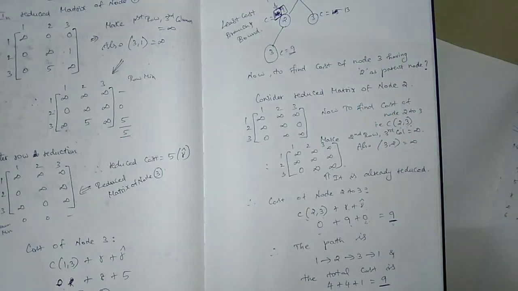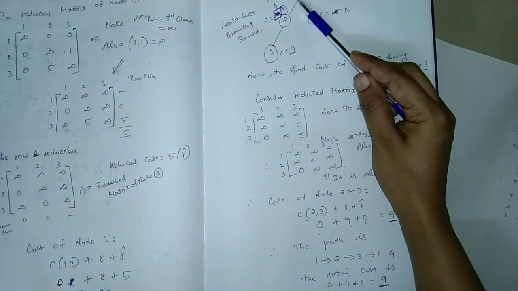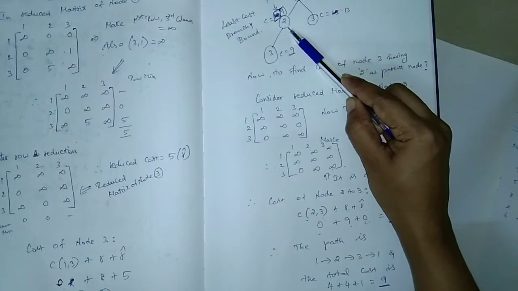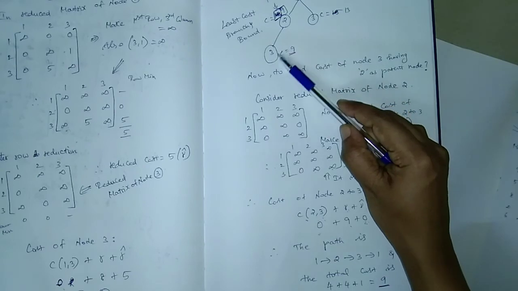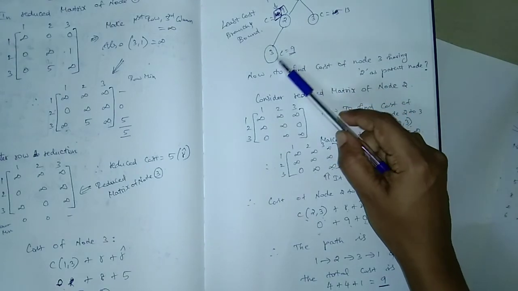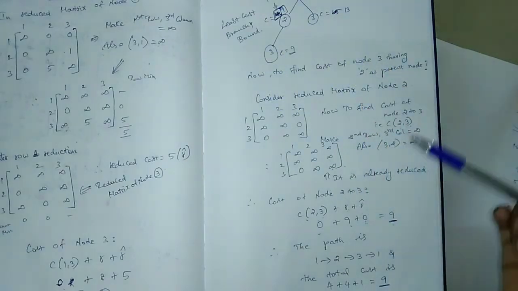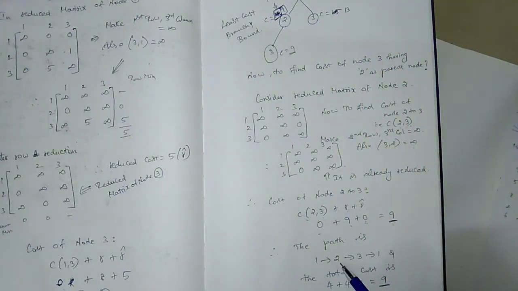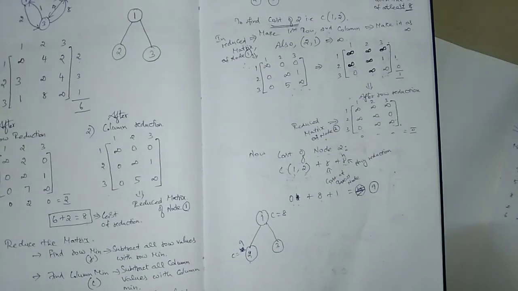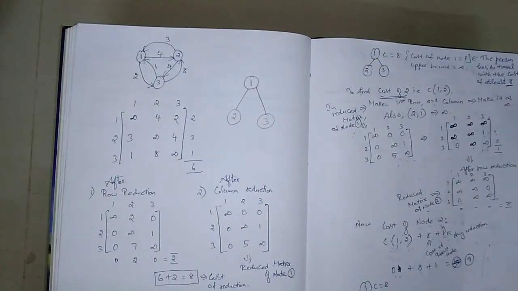Therefore we have covered all the vertices. From node 1 I am traveling to node 2, and this is branched out further to node 3, and since there are no more vertices, obviously the next node is going to be 1. That is the path is 1 to 2, 2 to 3 and 3 to 1, and the total cost is 9. So we can check the given input graph.